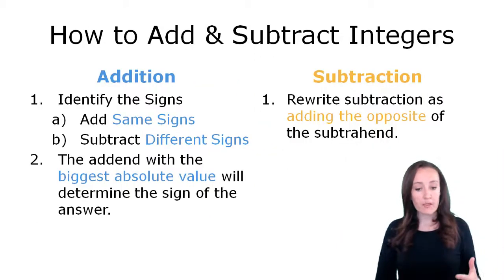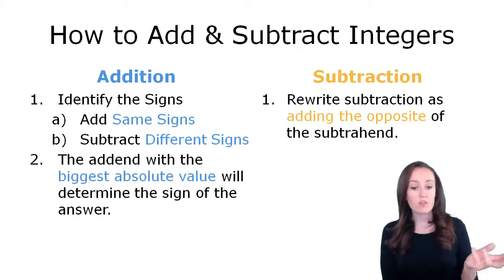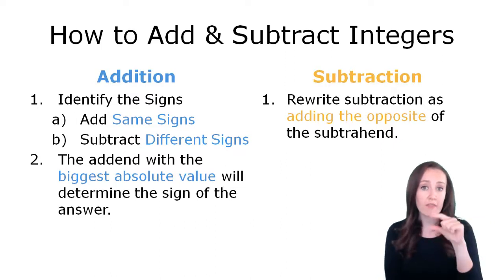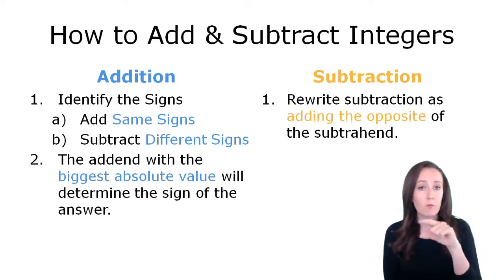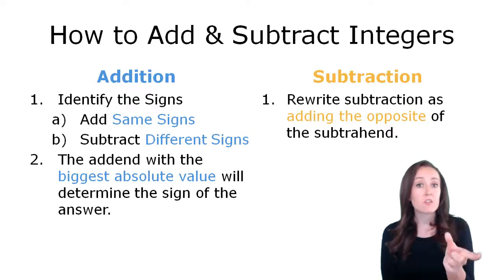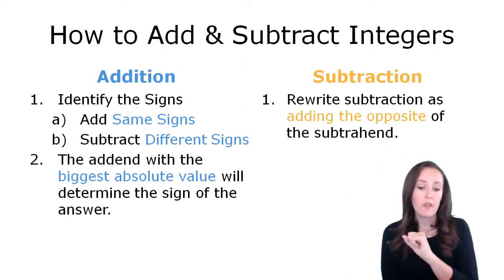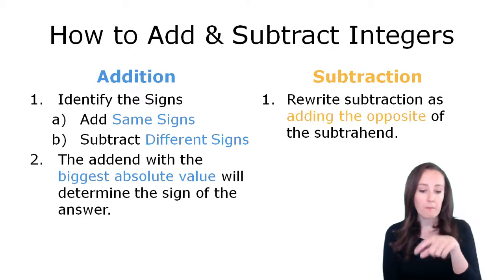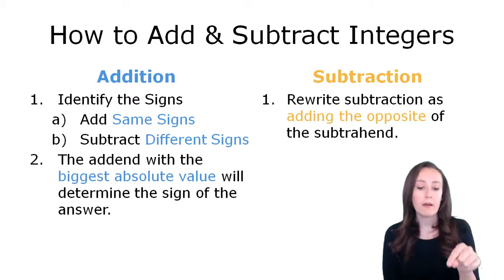But the summary is when you're adding integers, you want to first identify what the signs of each part are, like whether they're positive or negative. And if they're the same signs, then you're going to add the absolute values together. And if they're different signs, you're going to subtract the numbers. And then the part that had the biggest absolute value determines the sign of the overall answer.